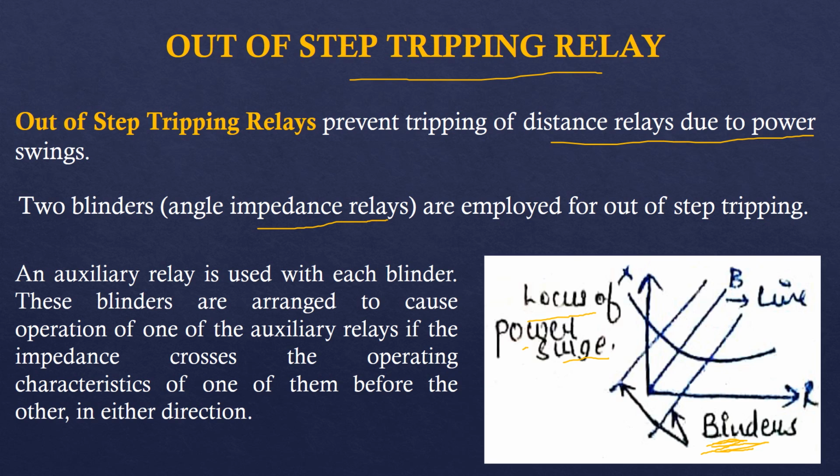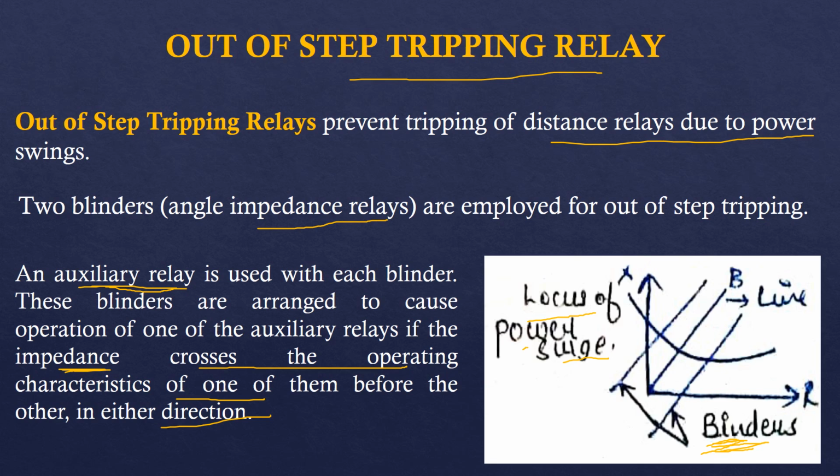Each blinder is associated with an auxiliary relay, and these blinders are arranged in such a way that if the impedance of the power swing locus crosses the operating characteristics of these blinders, then the auxiliary relay associated with these blinders will operate.